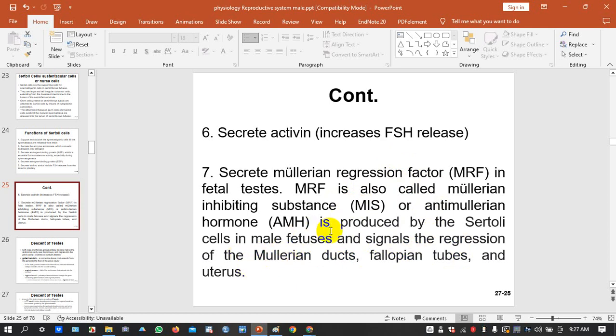So if you go to a hospital and you are a woman being screened for infertility, they will let you do AMH. It is also called MIS or MRF. The doctor will write it for you.